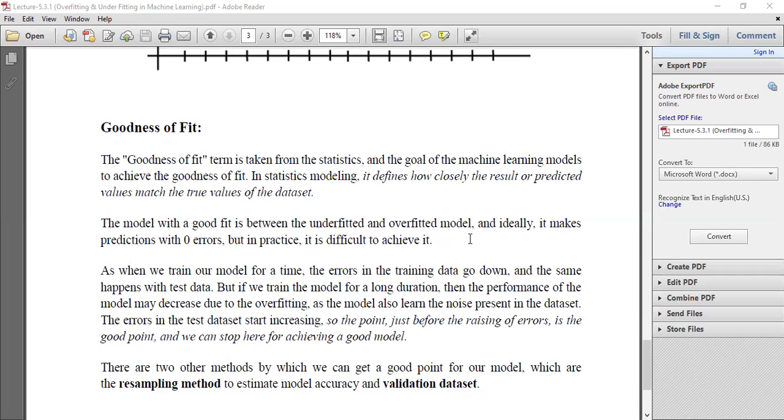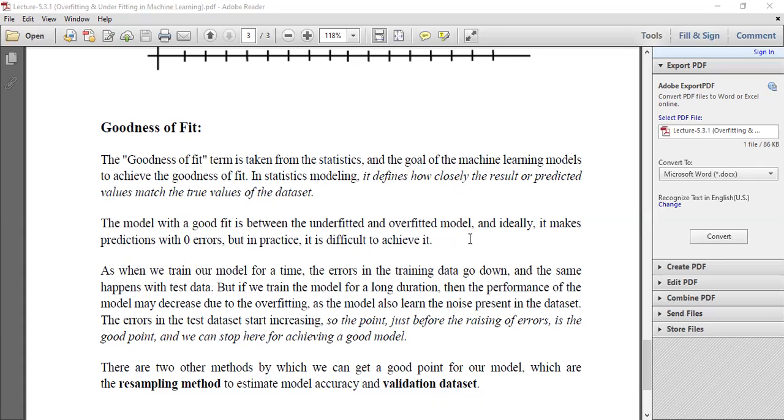But if we train the model for a long duration, then the performance of the model may decrease due to overfitting. As the model also learns the noise present in the data set, the errors in the test data set start increasing.